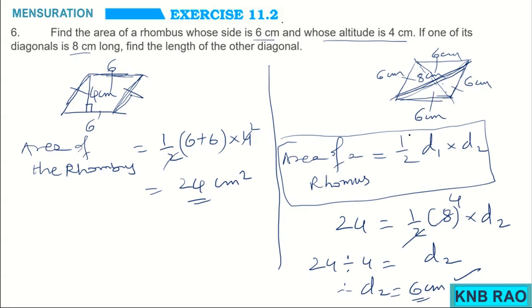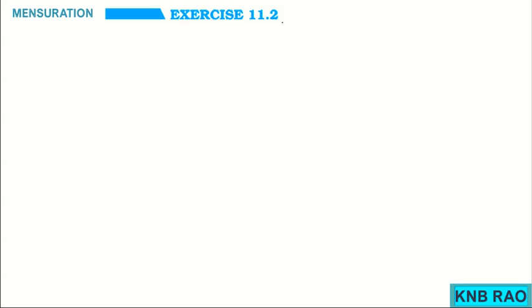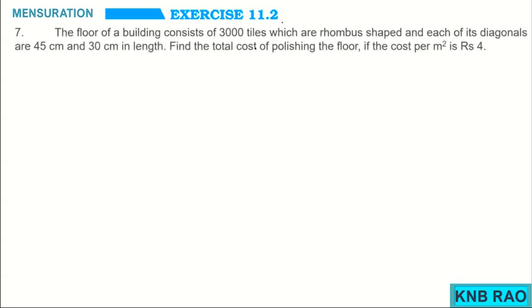Okay, so moving on to the next question, question number 7. The floor of a building consists of 300 tiles which are rhombus shaped, and each has diagonals of 45 centimeter and 30 centimeter. So we know the diagonals already, that means we can find its area.